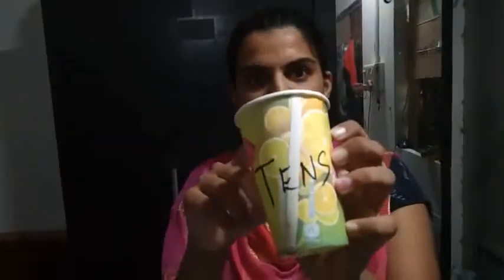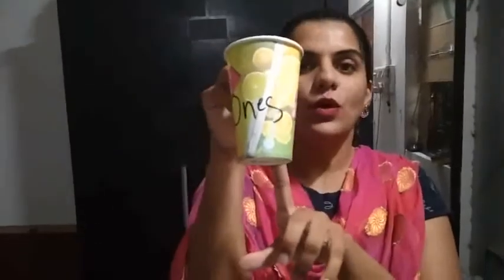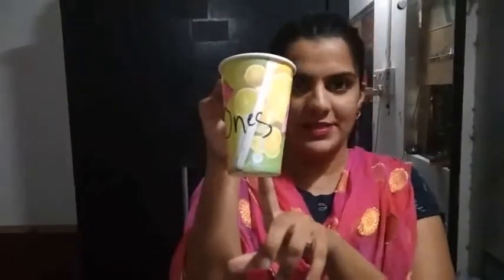Now, can you see these glasses? Yes, I have 3 glasses with me. On the first glass, it is written 100. The second glass is tens. The third glass is representing the ones place.